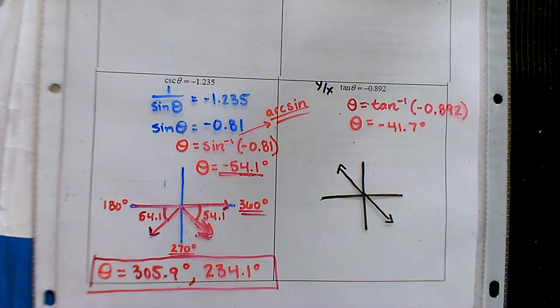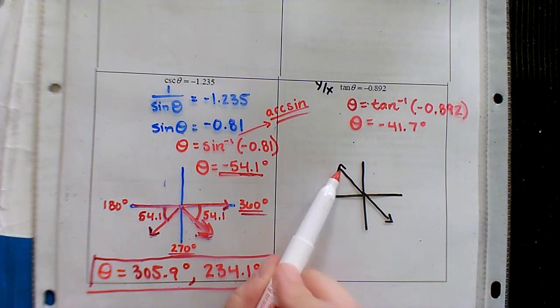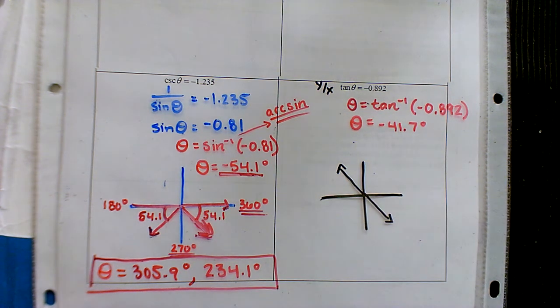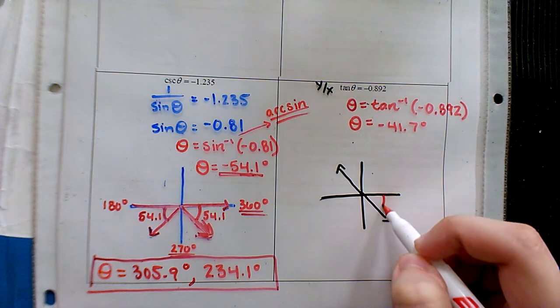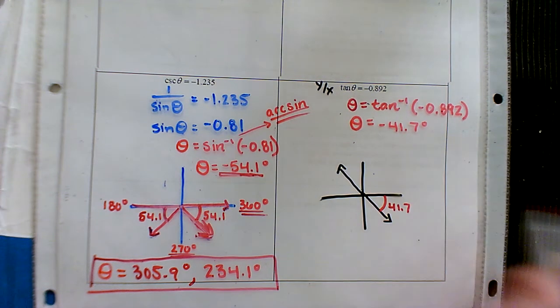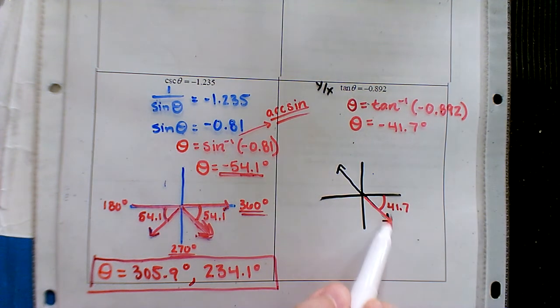All right, if you were to draw that negative angle, which quadrant would you land in? If you were to go backwards 41.7. Would we have the quadrant 4 angle or the quadrant 2 angle? Yeah. Quadrant 4. So if we were to travel backwards 41.7 degrees, we would land right here.